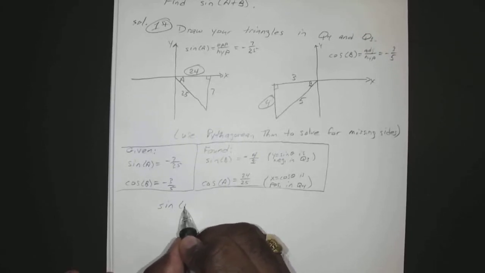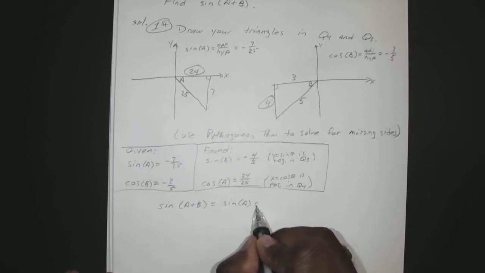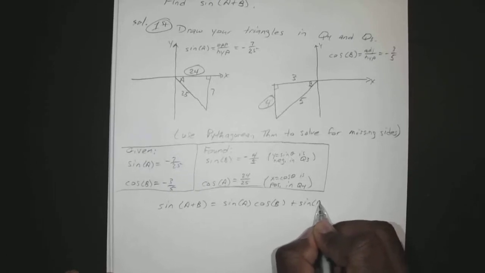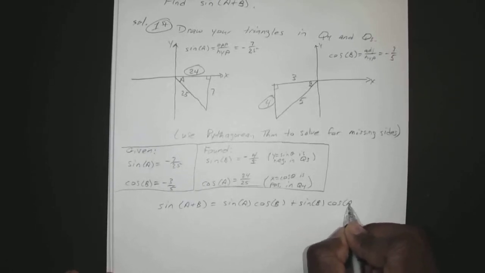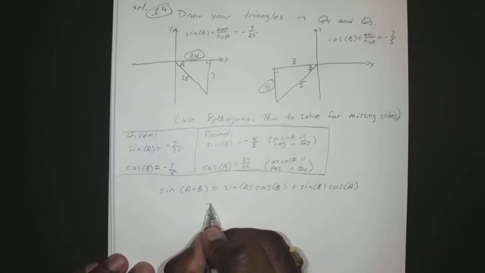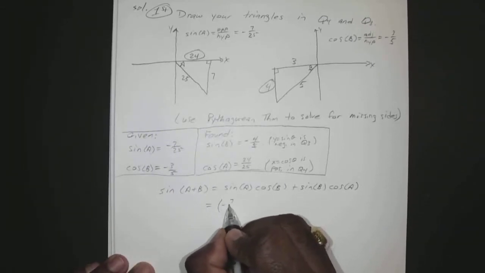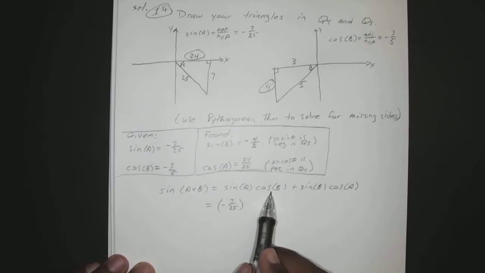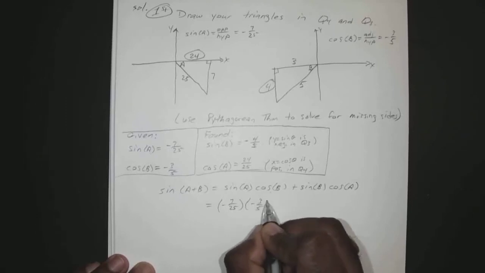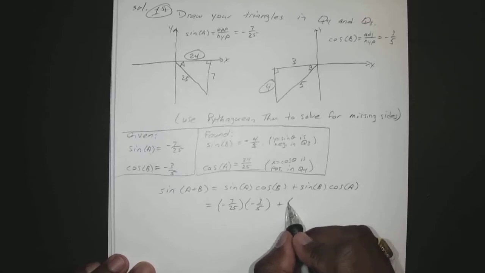Okay, so now that we have everything, we just plug it into our formula. So sine of A plus B equals sine of A times cosine of B plus sine of B times cosine of A. Okay. So our sine of A is negative 7 over 25. Our cosine of B is negative 3 over 5. Plus our sine of B is negative 4 over 5.